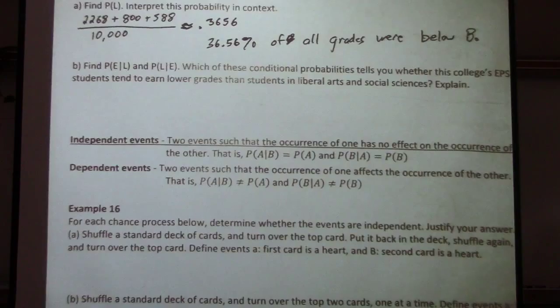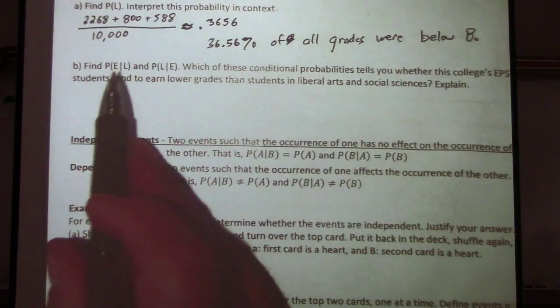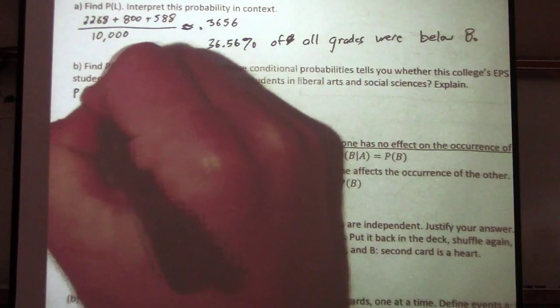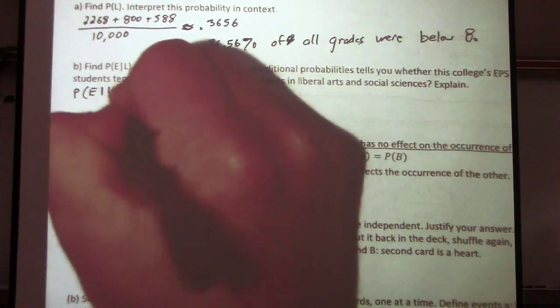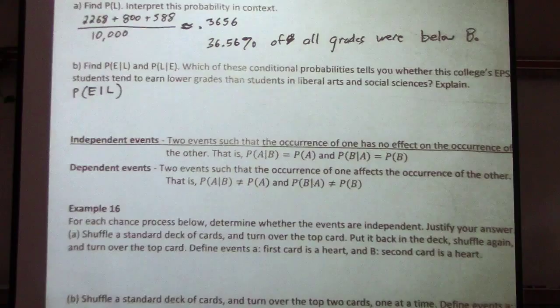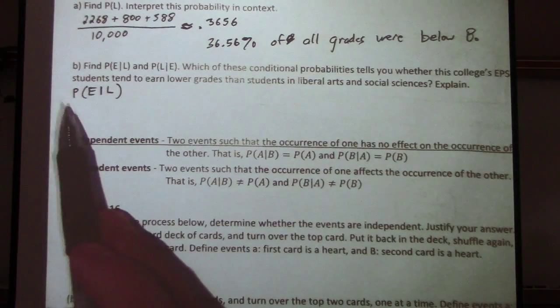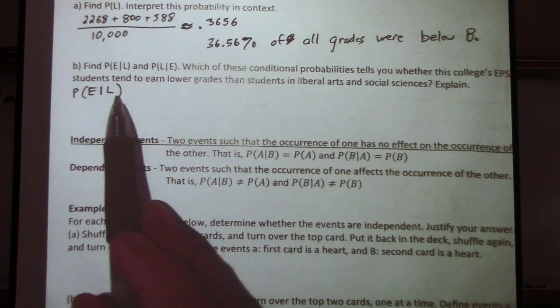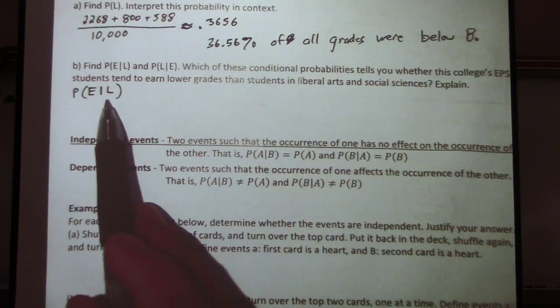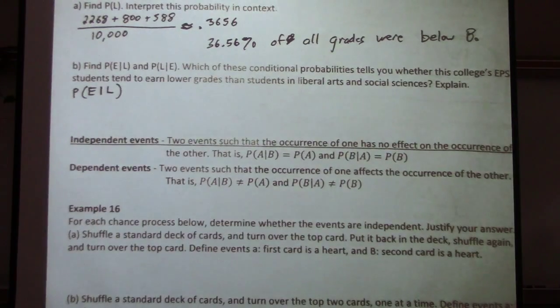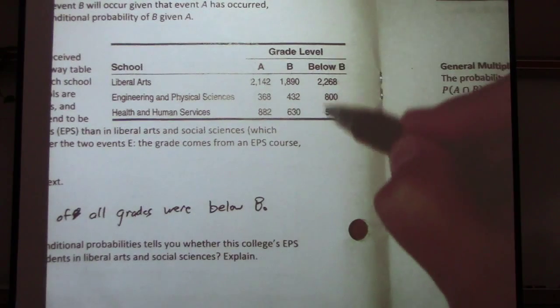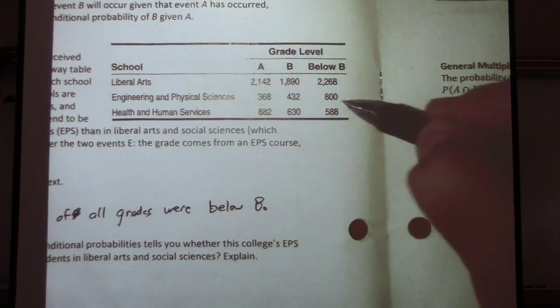Now, this next one's interesting. Find the probability of E given L and the probability of L given E. So let's see. The probability of E given L. In plain English, that means find the probability a student is an engineering student given they got a grade below a B. So we need to look at all the grades that are below a B, and figure out what proportion of those were engineering students.